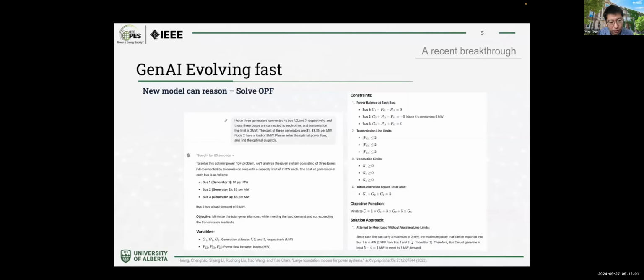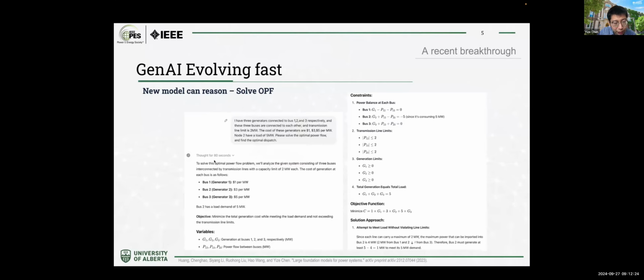Here is the result I showed, which I tried last week. I instructed the OpenAI O1 model with an optimal power flow example, where we have 3 buses, shown on the left-hand side, and tried to solve this optimal power flow problem directly using OpenAI.